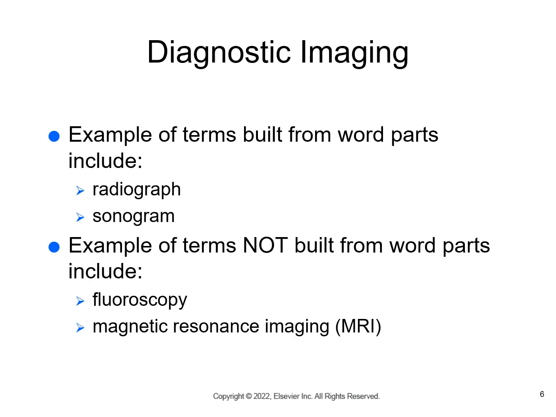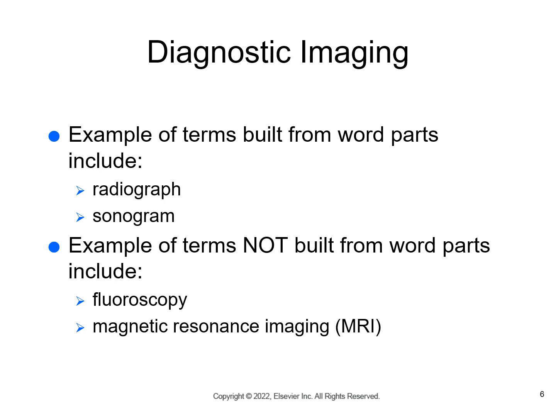Here's a couple examples of diagnostic imaging terms, and they are built from word parts and not built from word parts. Those built from word parts include radiograph, which is a record of x-rays, and a sonogram, which is a record of sound.